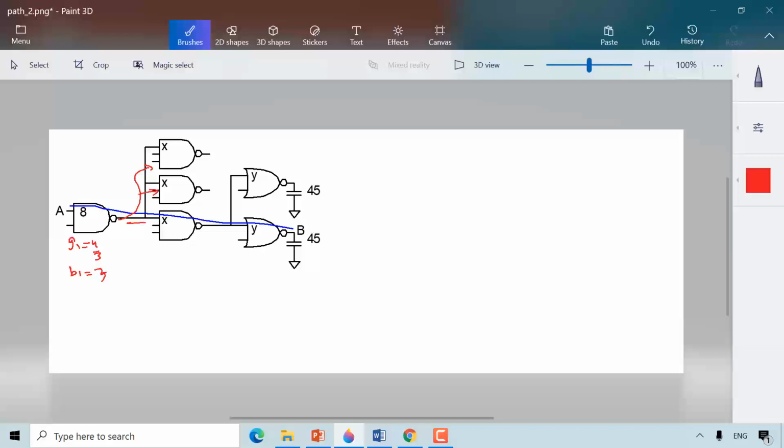Now let's go to this gate here. G2 equals 5 over 3, and the branching for this gate goes to here and here, so that equals 2.